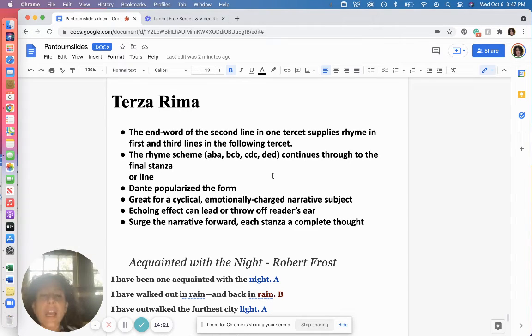The other thing that echoing does is it doesn't just create obsessiveness, it's like a rolling, it literally flows. As much as I can't stand that word, it pulls the narrative along. But you can also throw the reader's ear off by using slant or off rhymes.